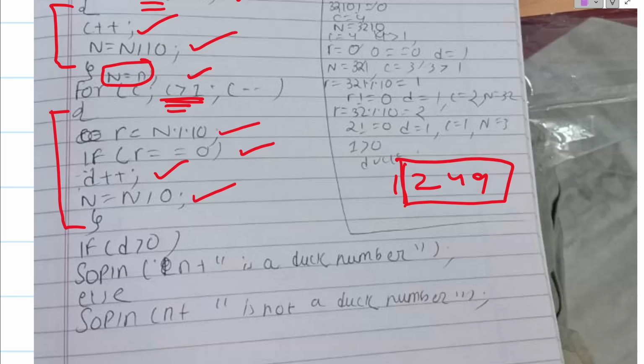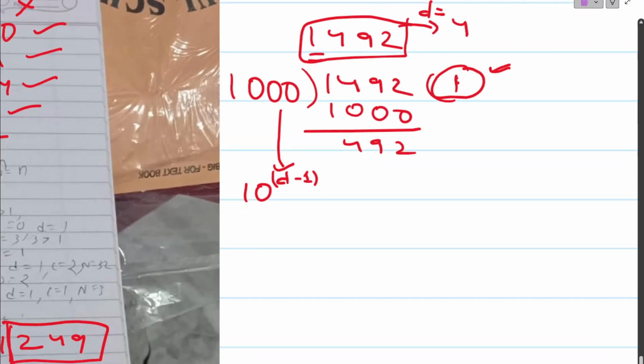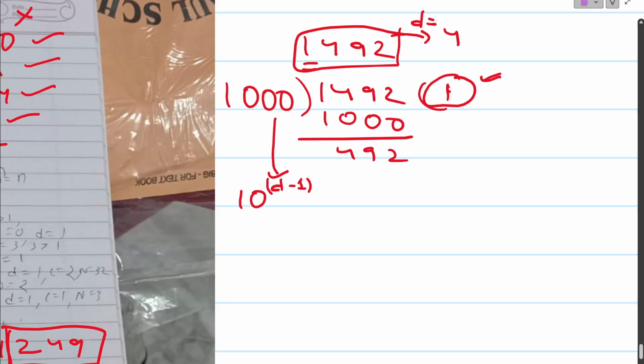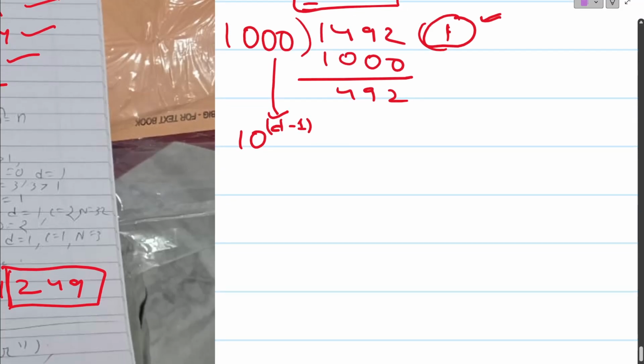Yes or no? In my point of view, whatever I have done here, I have checked whether my first digit contains 0 or not. If I find that it is not containing 0, then I need to check whether any of the digits of that number is 0 or not. Then only it will be found to be a duck number. So for that, we can write a program like this.